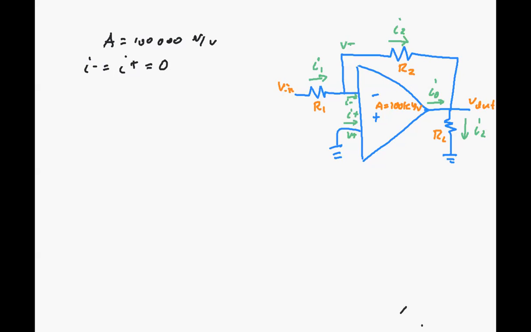So again, that virtual short exists between the non-inverting and the inverting input, so the non-inverting input shows up on the inverting input. So V2 is equal to V plus, which is equal to 0 volts in this case. And we know that V out is A times VID, and that equals A times V plus minus V minus, or V2 minus V1.